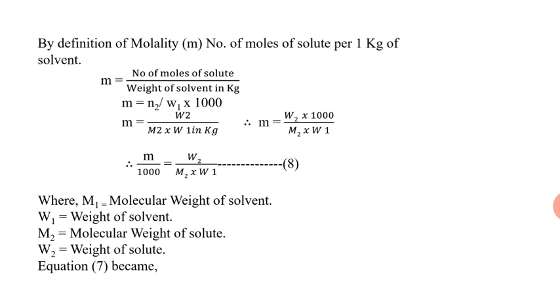Now when we put this value, equation 1 becomes, again see, delta TF is equal to R T0F square upon LF into W2 upon M2 into W1. This is our equation number 7. And in our last slide we derived equation number 8, that is m divided by 1000 is equal to W2 upon M2 into W1.